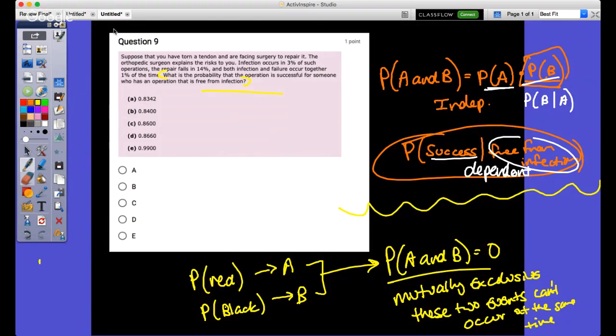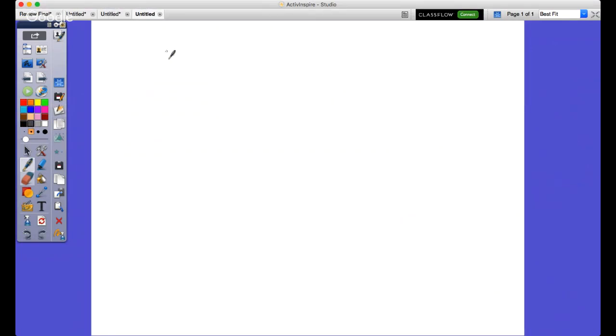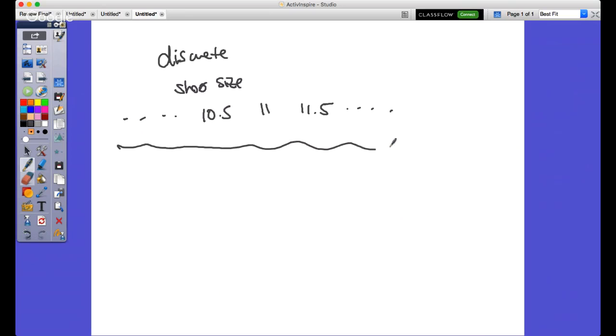So if I were to get a discrete value, right? Discrete would be a number like shoe size. It's a good example, right? I could have 10.5, I could have 11, I could have 11.5, and so on, in either direction. That's discrete.